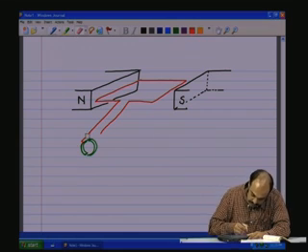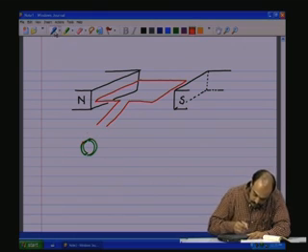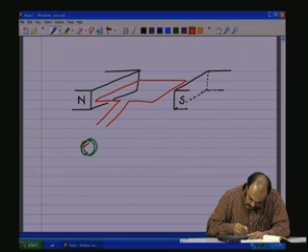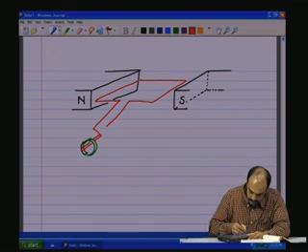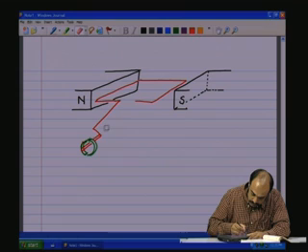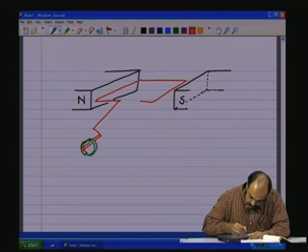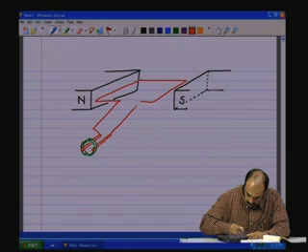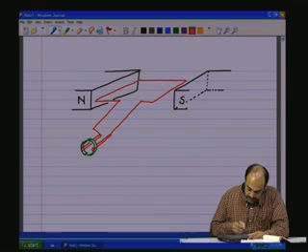Probably we will solder it from the inside, so that the brushes can make contact. So, we solder one end of the coil to this, and the other end of the coil is soldered to the other half in this fashion, let us say.